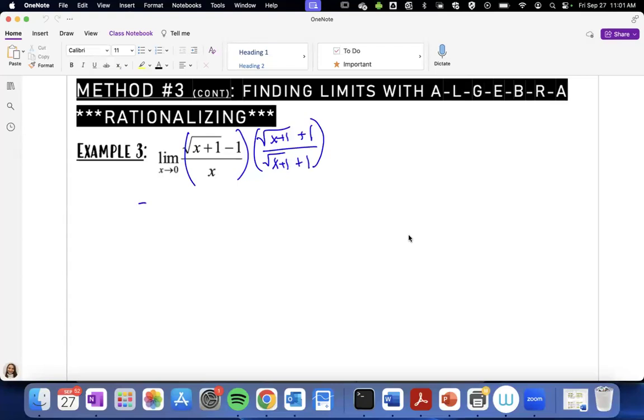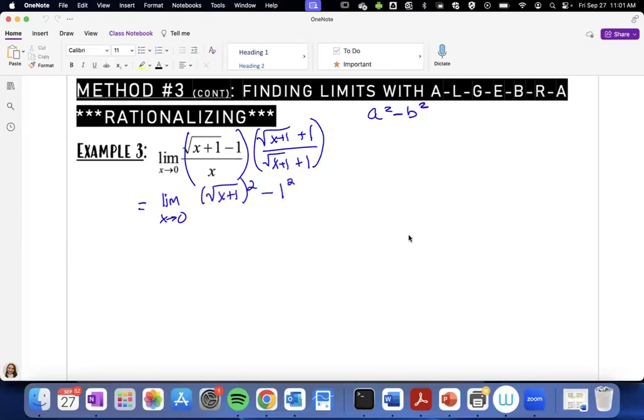And that becomes the limit as x approaches 0 of, do you want to tell me what the numerator becomes? A squared minus b squared. I'll write the steps, so you don't have to write this step if you don't want to: root x plus 1 squared minus 1 squared.